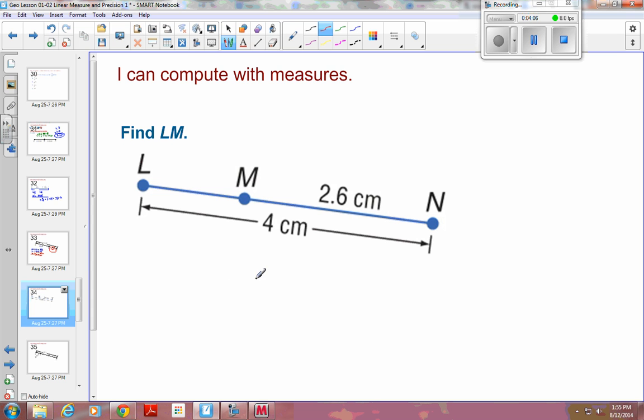Okay, same thing. If it's a decimal, it's no big deal. This whole distance is 4 centimeters. M is between L and N. So since it's between, this LM segment plus this MN segment should give you the whole L to N segment.